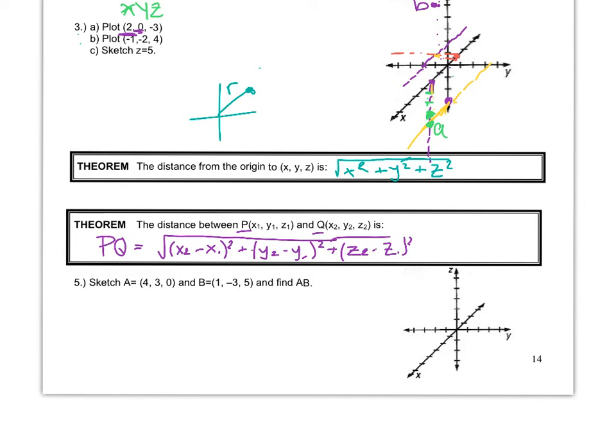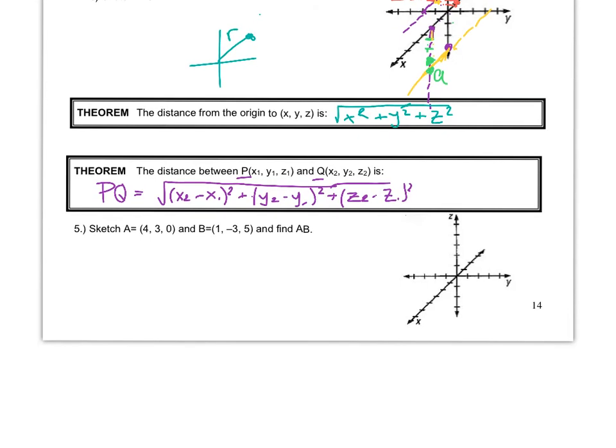Now let's just do an example and get some practice with that. So let's sketch these 2 points and then find the distance between them. So A is 4, 3, 0. So on the x-axis, I'm coming forward 4: 1, 2, 3, 4. So coming forward on that floor of the xy axis, and then up 3 on the y's.